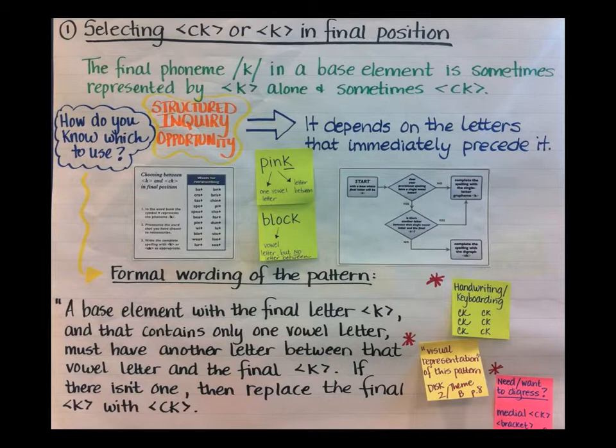Melvin has really opened our eyes to the fact that when we get certainly digraphs, but also letters that go together a lot, why not practice writing them together right from the get-go so that our hand feels that pattern? And the same thing would be true for the keyboarding, practicing going CK, CK, CK, CK. Finally, if you want more on this, if this wasn't clear enough for you, or if you're just interested, there is a visual representation of this pattern, which I'm, to be honest, not sure what that is, on Disc 2, Theme B, page 8. So give that a look.